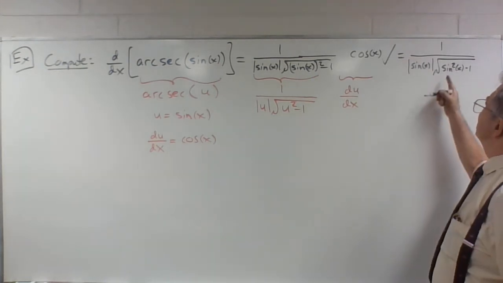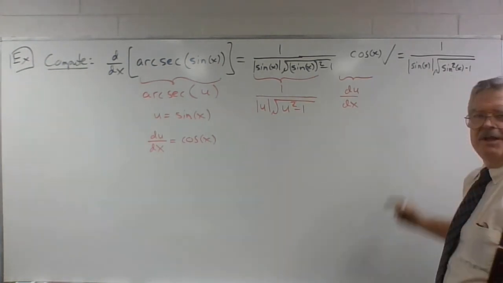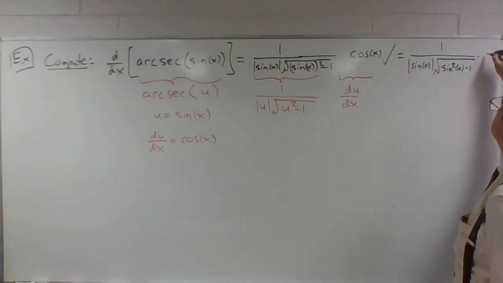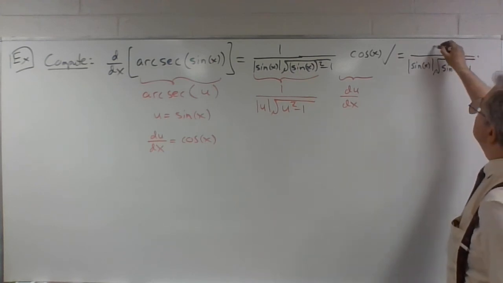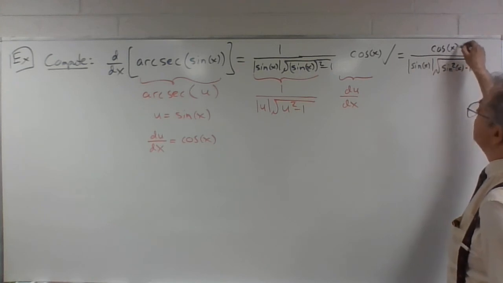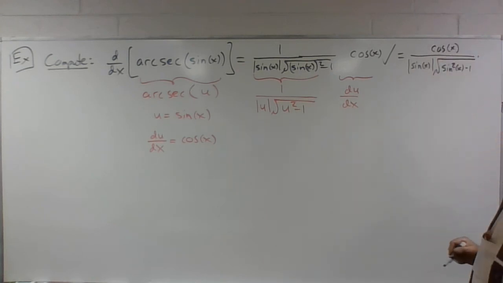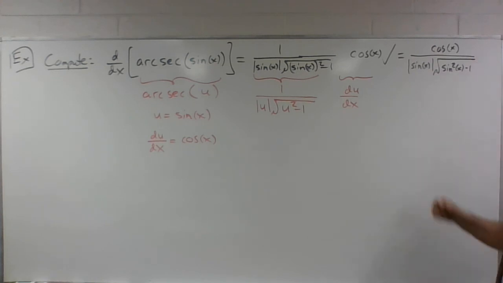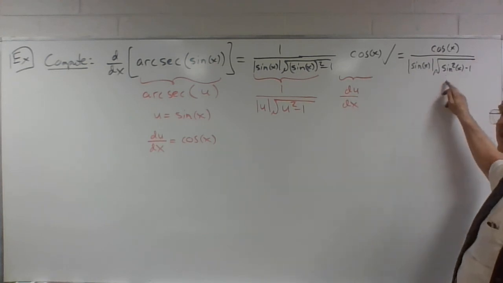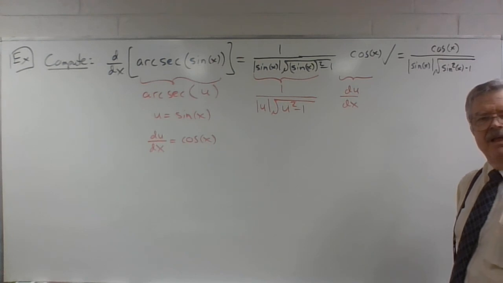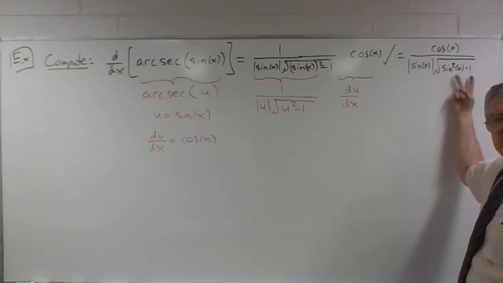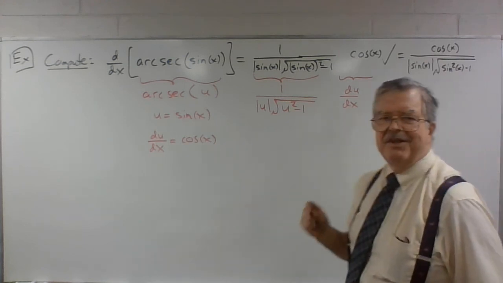Well, this sort of looks like an impossibility, but let's continue anyway. We'll put the cosine on top. And based on what we've been given, this is the answer. Somehow I have a feeling that this is going to present a problem. I should have seen that.